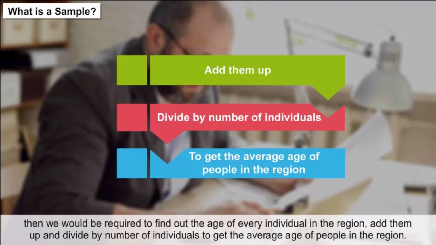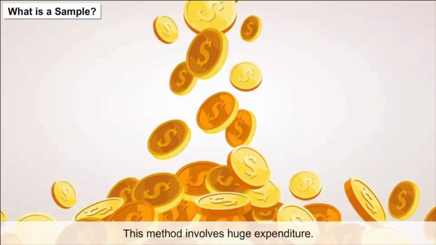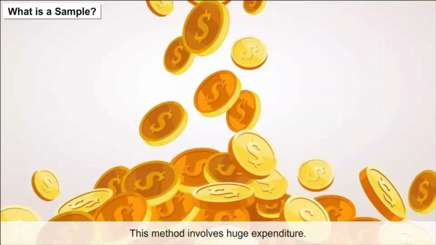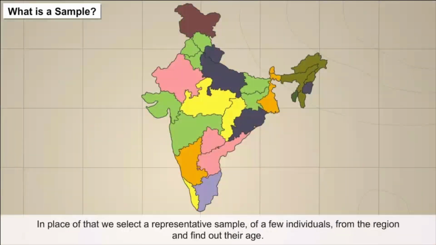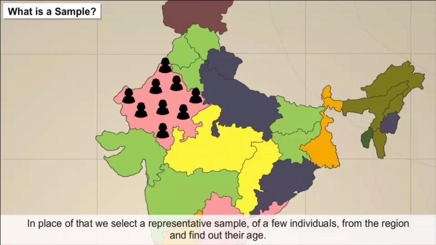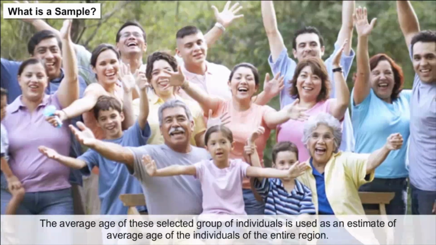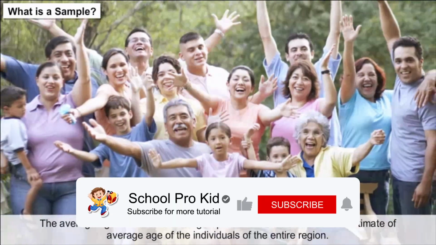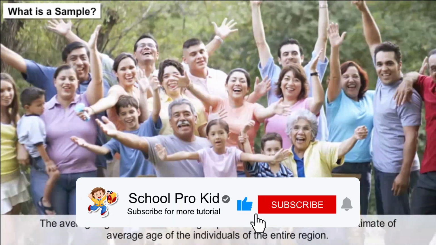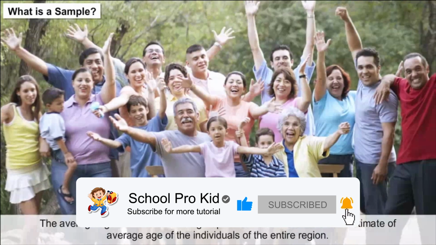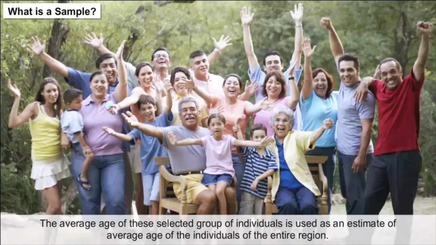This method involves huge expenditure. In place of that, we select a representative sample of a few individuals from the region and find out their age. The average age of these selected individuals is used as an estimate of the average age of the individuals of the entire region.